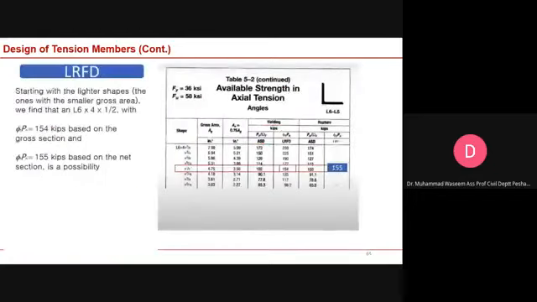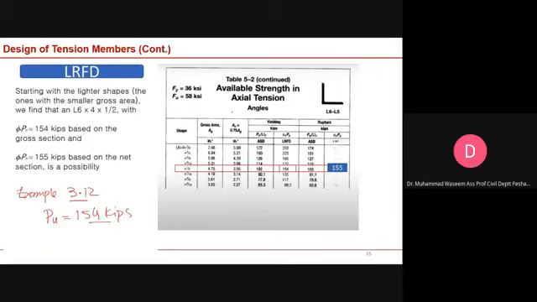So let's do that. We are doing the same example, example 3.12, and the demand based on the LRFD approach is 154 kips.